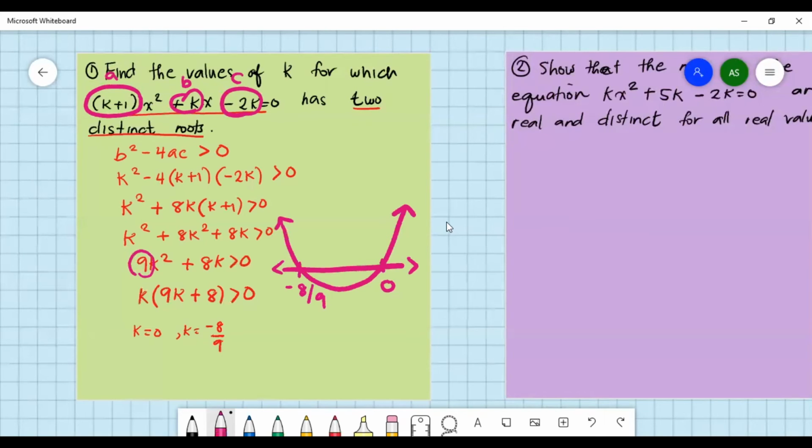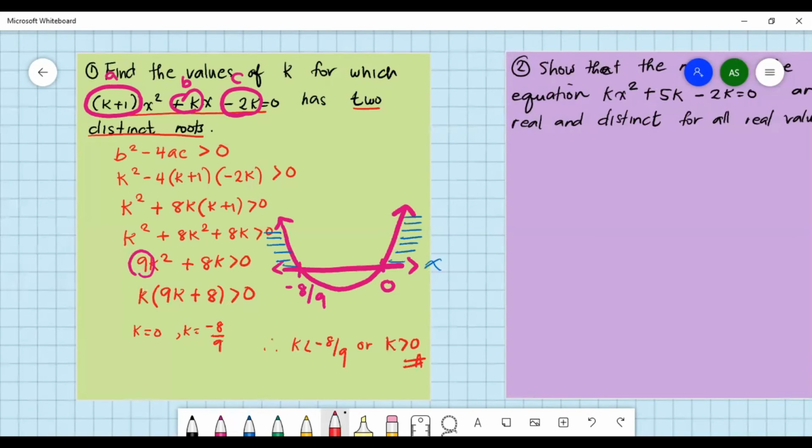What we want is something that is greater than 0. That means it's above the x-axis, because the y value must be greater than 0. So therefore, we can conclude that the values of k for which we will have two distinct real roots are k less than negative 8 over 9, or k greater than 0.